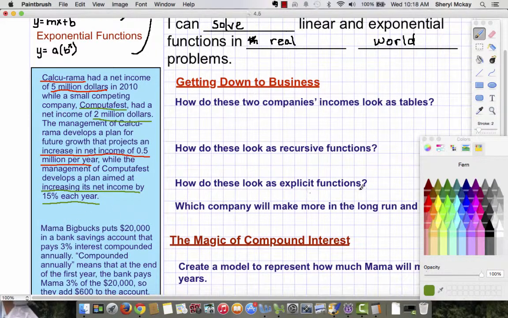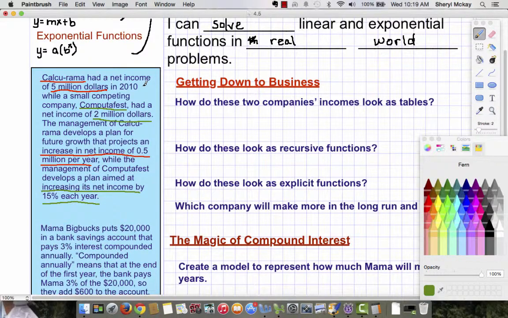Now, let's see if we can create these two companies' incomes using tables. And what we're going to do is think about year 2010 as year 0. That's where we're starting, year 0.